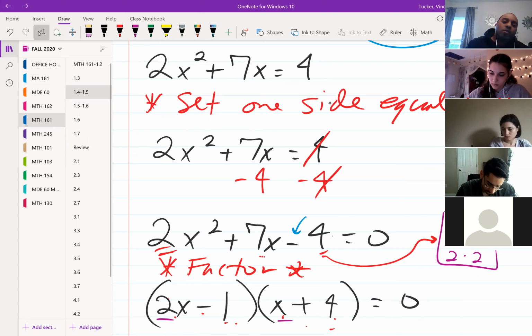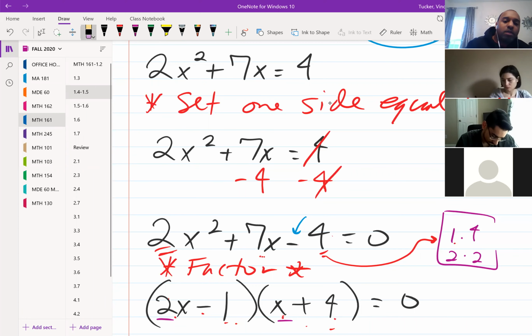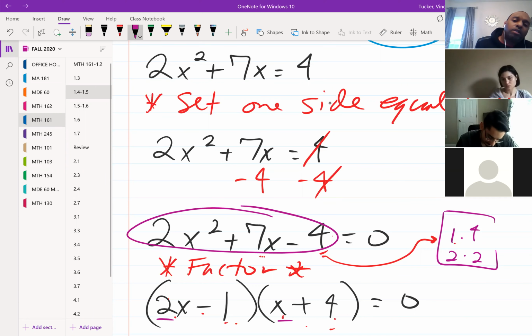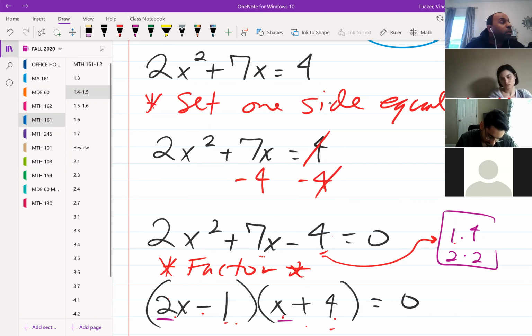Now we have 2x squared plus 7x minus 4 equal to 0, so we need to factor this expression into two sets of binomials.